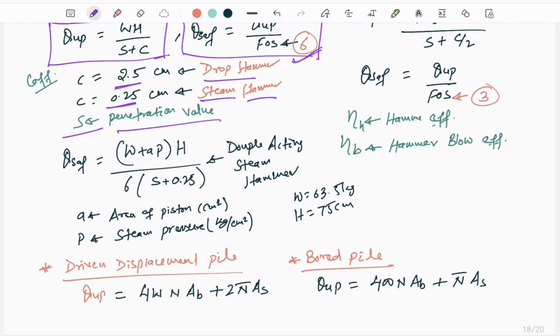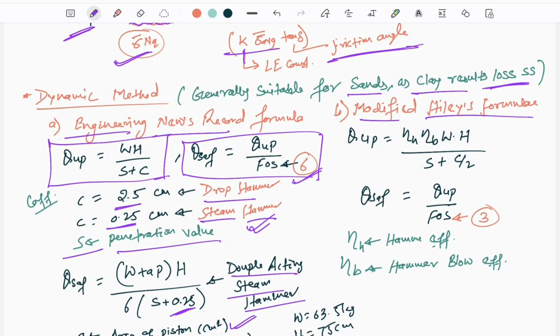In the same formula, if a double acting steam hammer is there, then the safe bearing capacity will be equal to (W plus AP) into H divided by 6 into (S plus 0.25), and this 0.25 value is for a steam hammer. Here in W plus AP, A is the area of the piston in centimeter square and P is the steam pressure in kg per centimeter square. So there is a slight change in this formula.